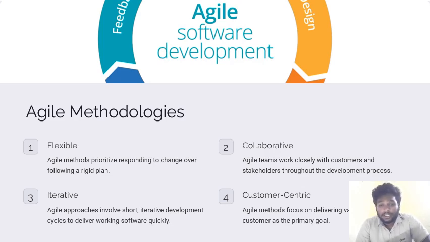Next, collaborative. Agile teams work closely with customers and stakeholders throughout the development process. That means the agile team will work closely with the customers to satisfy their needs and other requirements.